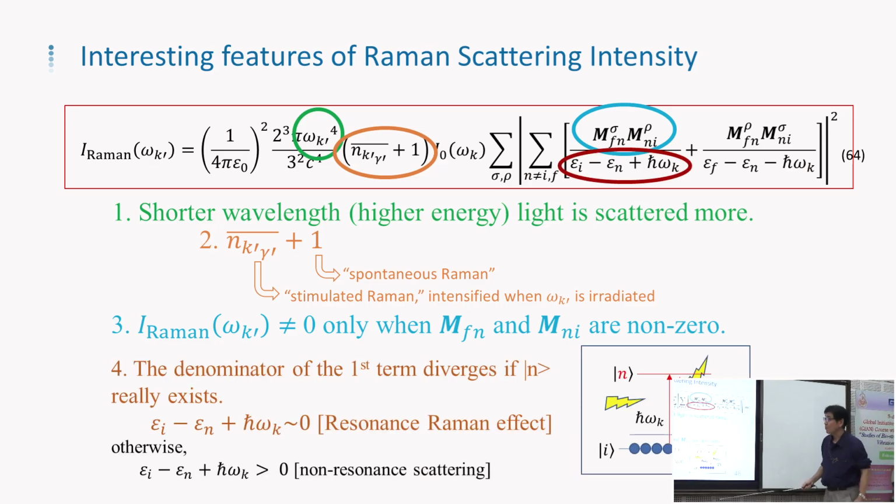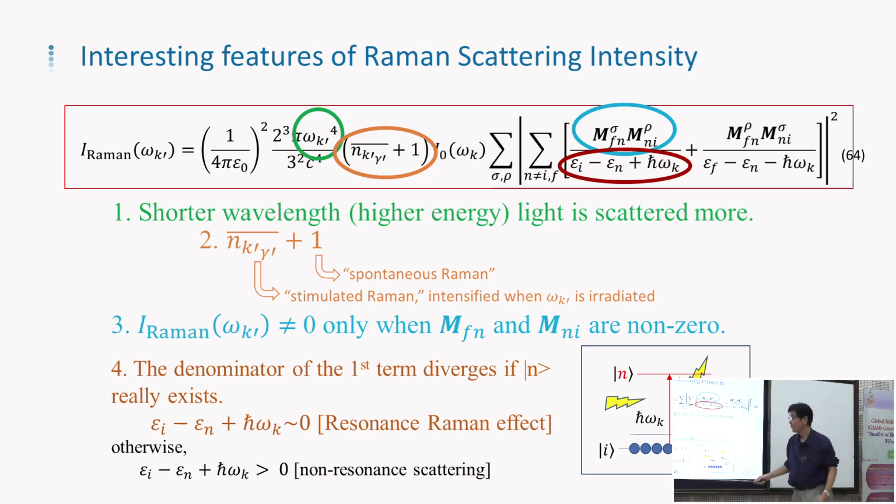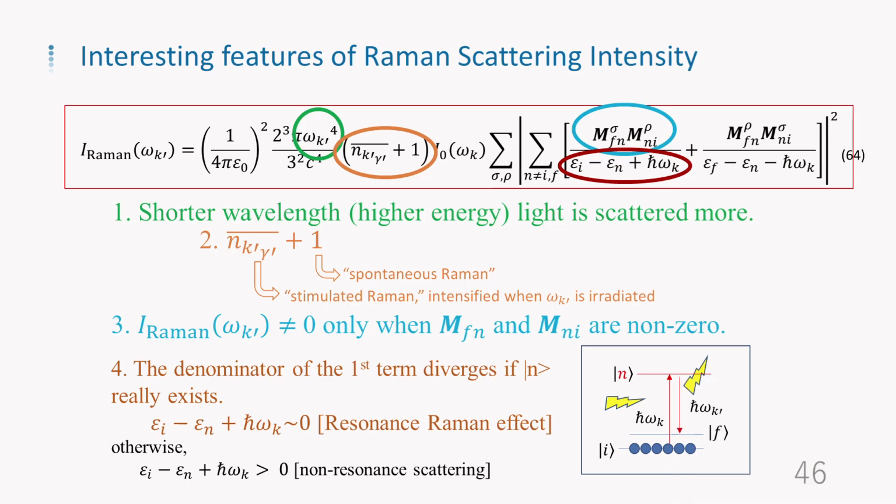One more thing, important feature. There is a denominator, E_I minus E_n plus h-bar omega_k. The denominator of the first term diverges if n really exists and it satisfies this relationship.